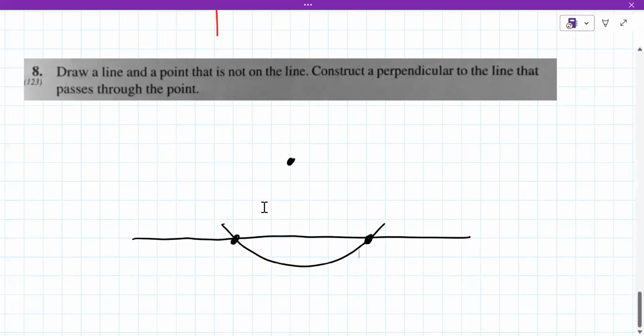Then you go back to each of those points and swing an arc so that you get that intersection, and then you do the same thing down here from the 2 points that you've created, and then you draw a line with the ruler right through it.